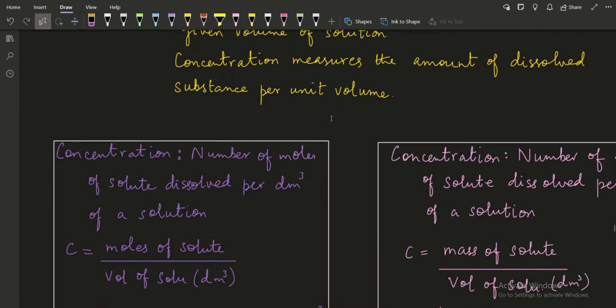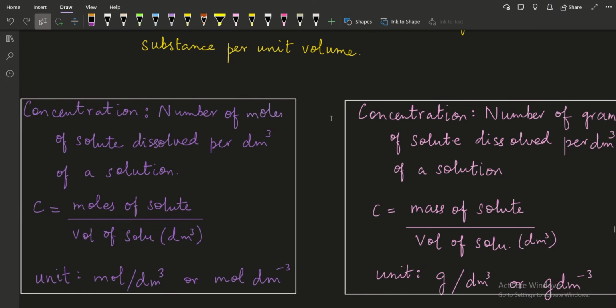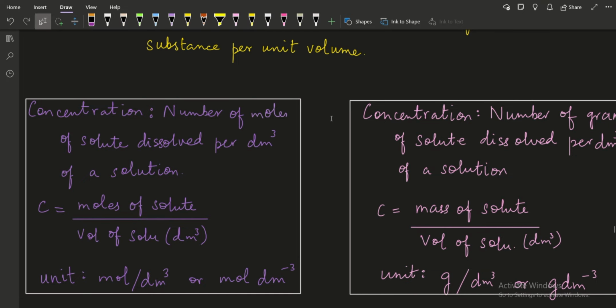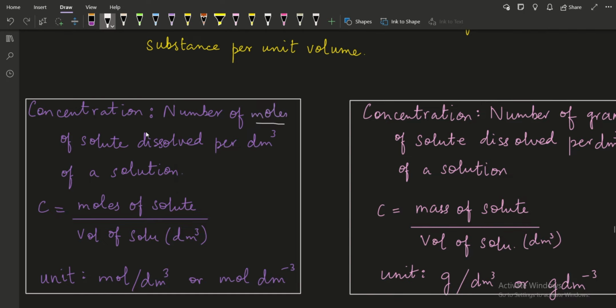So you can define concentration in two ways. First, concentration is the number of moles of solute dissolved per cubic decimeter of a solution. So the unit of concentration will be moles per cubic decimeter.